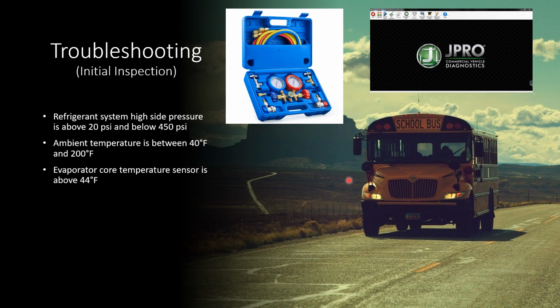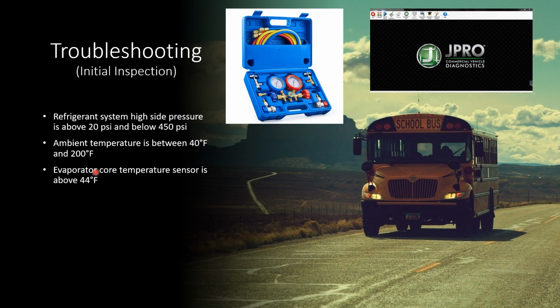So the compressor is not going to engage the clutch if it's below 44 degrees. I know I said that backwards right there, so you just got to make sure that it's above 44 degrees. If it's below 44 degrees, the AC compressor is not going to kick on.